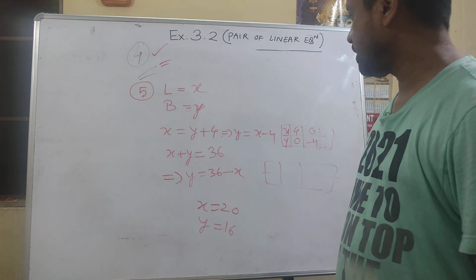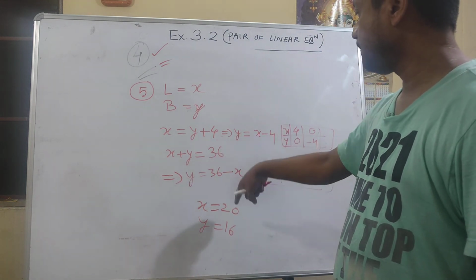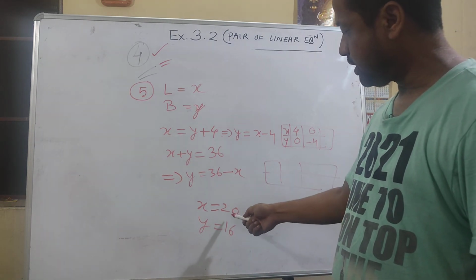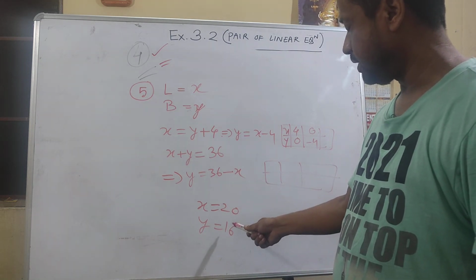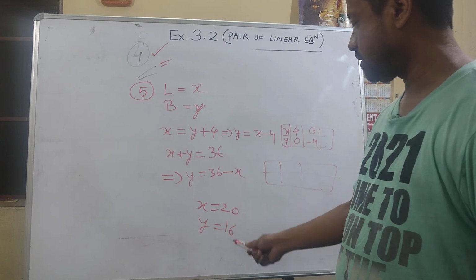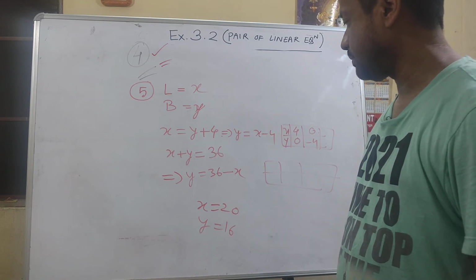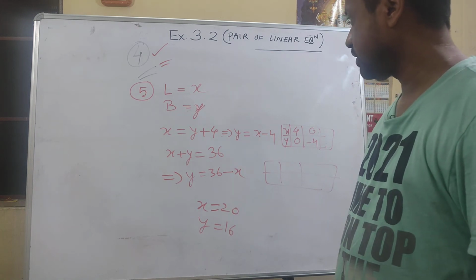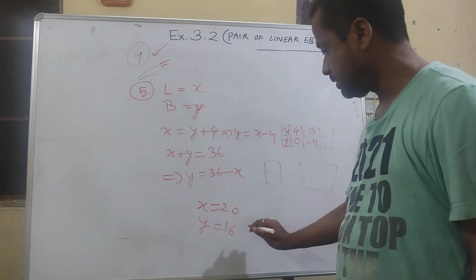You will get two graphs, and they will intersect at a point, 20 and 16. That is, x is equal to 20 is the length and y is equal to 16 is the width or breadth.